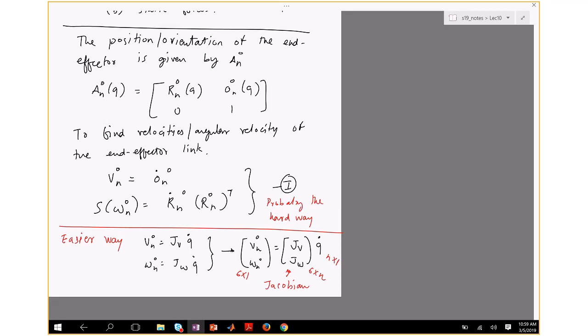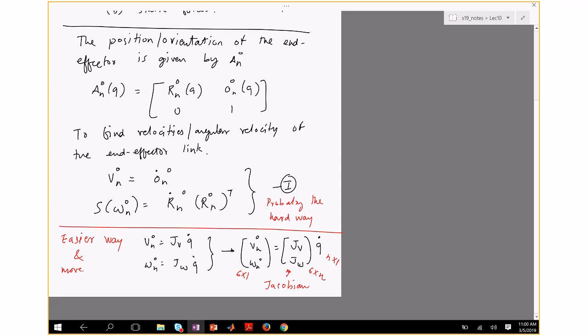Later, when we talk about dynamics, this will really be useful, because the equations become more compact than using this form. Both of these are valid and give the same answer, but the Jacobian method is the easier and more compact way.